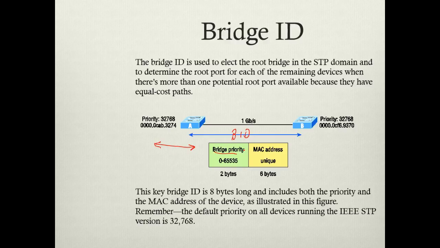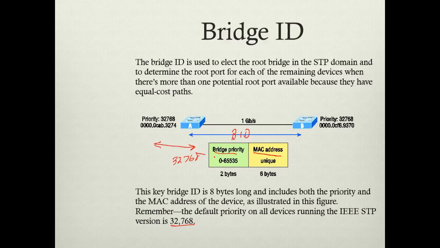The reason you typically say that it uses the lowest MAC is that the bridge priorities are the same, 32768 by default on all of these. So the MAC address is going to be the only thing that changes.